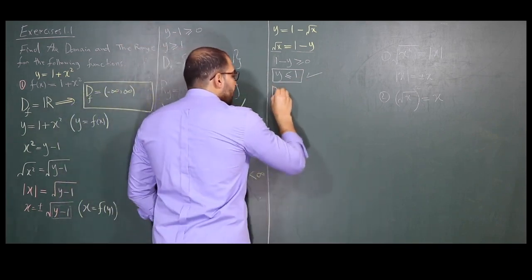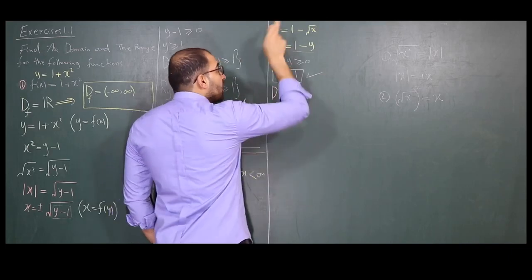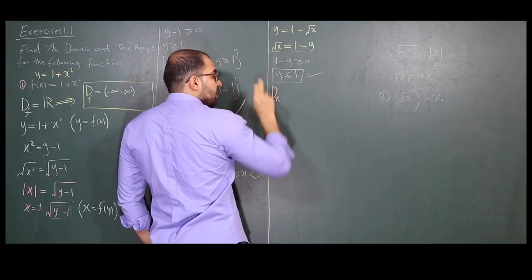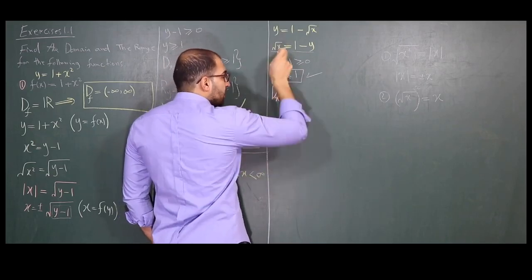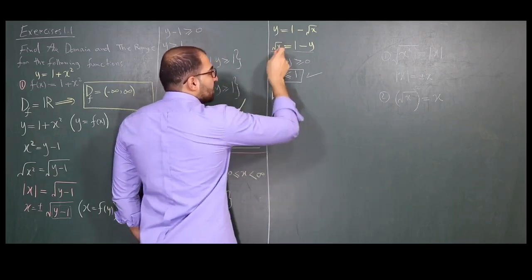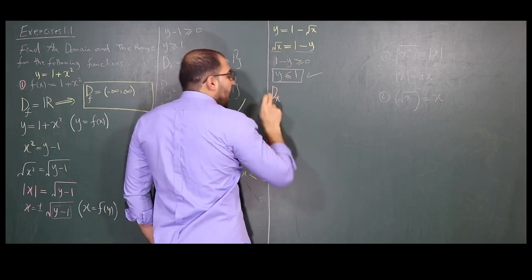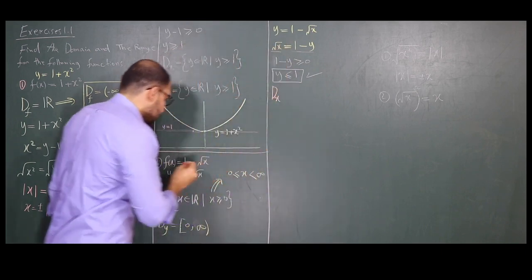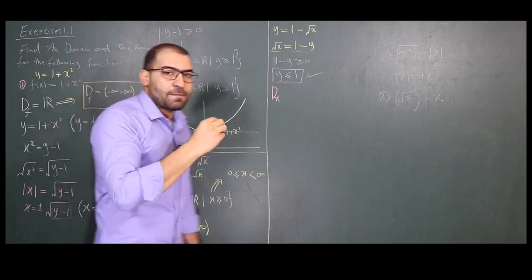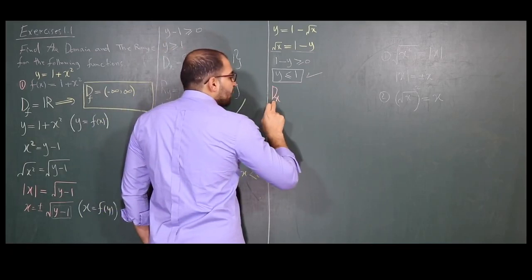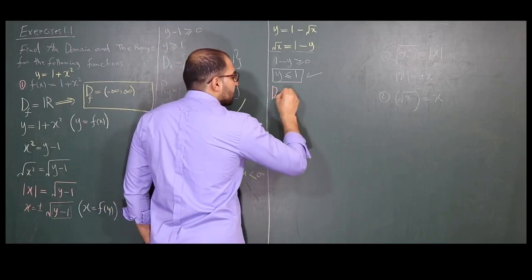So the range, the domain of the new function, I'm going to call it x, because I mean by x the new expression. So when I say domain of the function x, I mean the new expression.